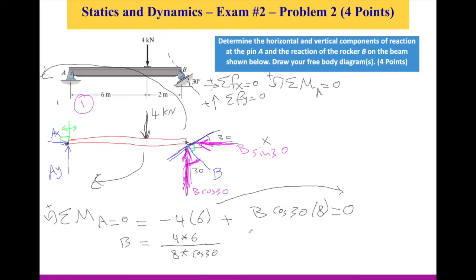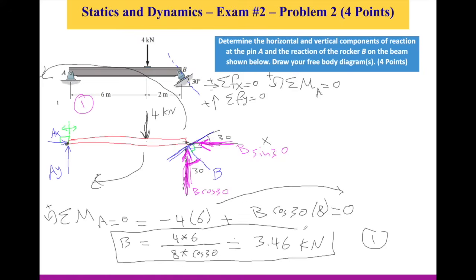And this is going to give us the value of B, the force, to be 3.46 kilonewtons. If you have that B, you are going to get 1 point out of the 4 total points of the problem that we are solving. So I have my reaction force now.